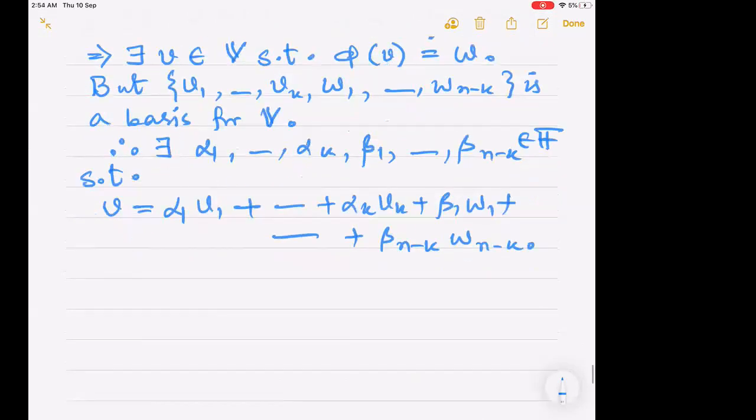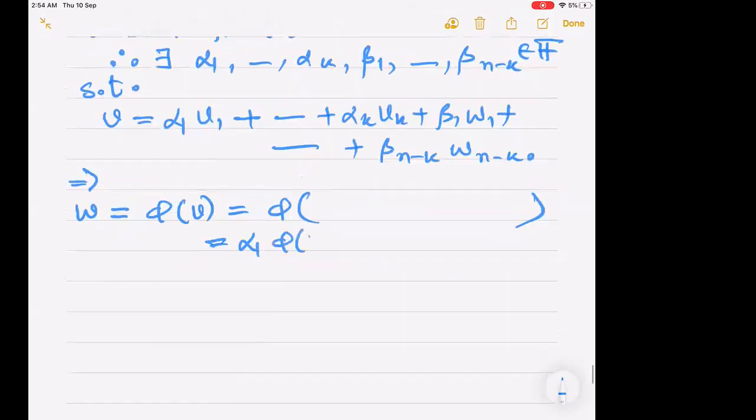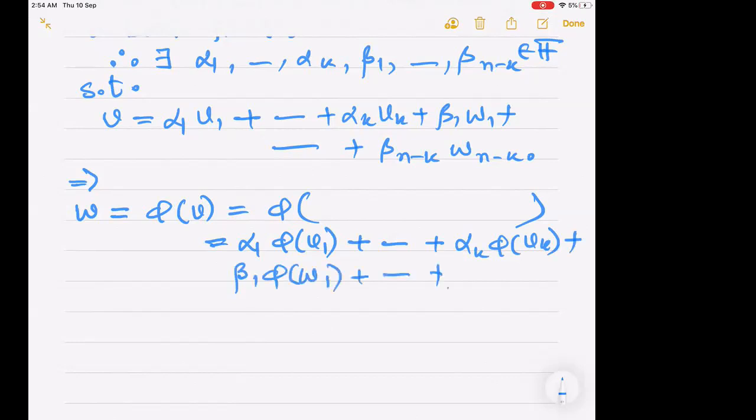But then this means w, which is equal to phi v, must be equal to phi acting on this linear combination, but phi is a linear map. So this is equal to alpha 1 phi v1 up to alpha k phi vk plus beta 1 phi w1 plus up to beta n minus k phi wn minus k. But you see, v1 up to vk is a basis for the kernel, right?